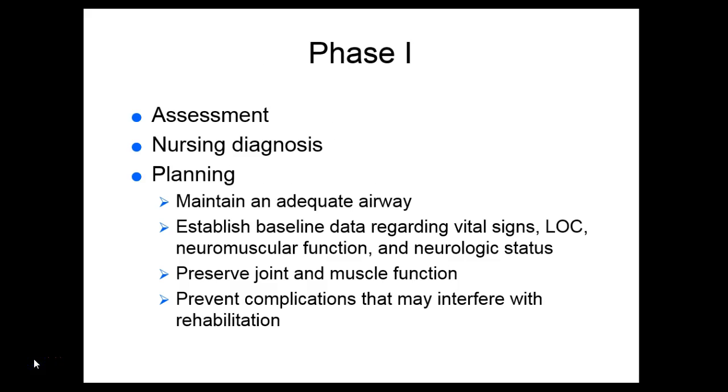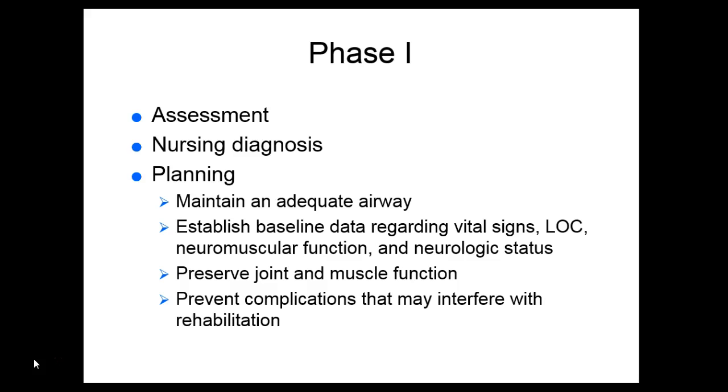So let's first look at phase 1. Immediate assessment of breathing and respiratory rate is done. Level of consciousness is also assessed. The initial care of the stroke patient includes careful assessment to determine the extent to which neurological functions have been affected.